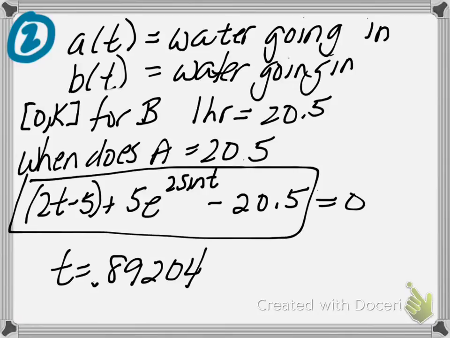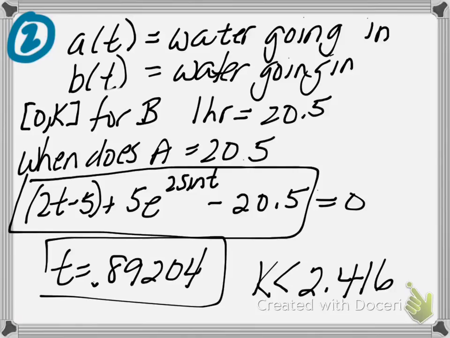Maybe it's a different solution where it's hitting the x-axis. Well, if you look at the graph, K is going to be smaller than the other point of intersection, which is 2.416. So the only value where it hit the x-axis that's smaller than 2.416 would be this one.